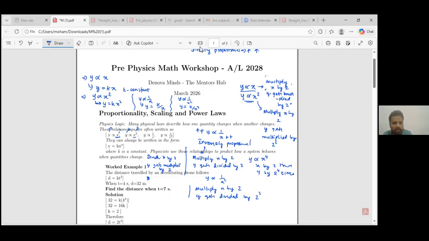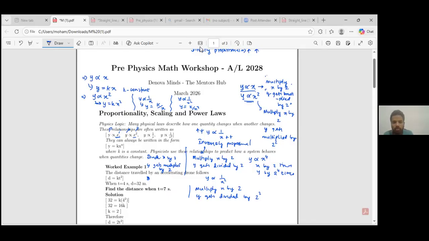In some cases, they'll just give you the relationship. For different physical quantities, there'll be different types of relationships. By looking at the relationship itself, we can say whether there is a proportionality or not.